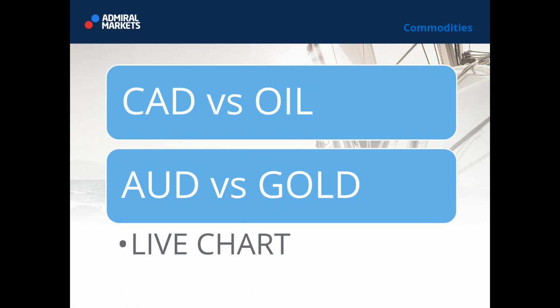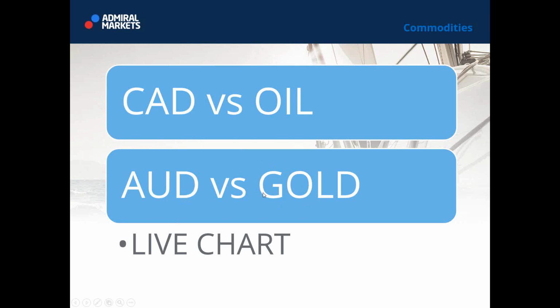Of course, the Australian dollar will also strengthen when the dollar is weak. So pay attention, guys, also to the dollar index, the Australian dollar and gold, because when the dollar index is weak, the Australian dollar should rise along with gold.